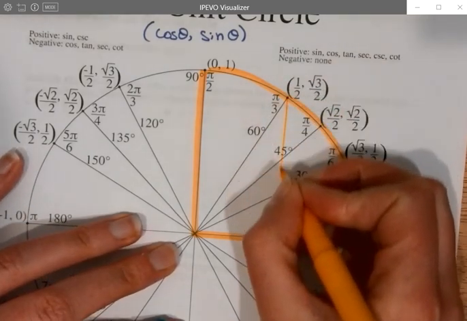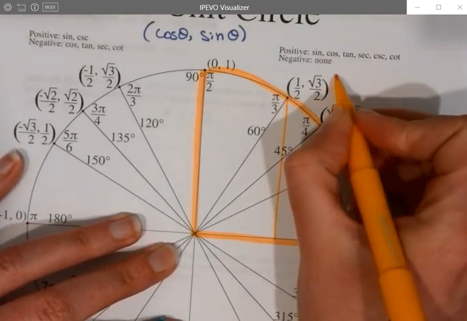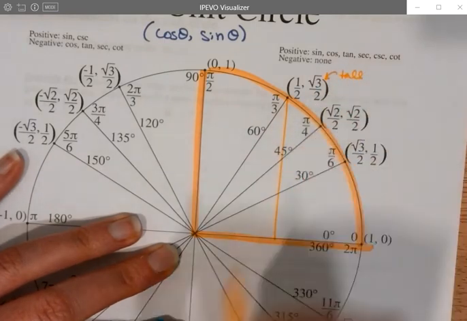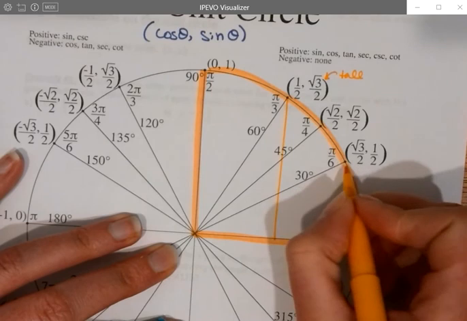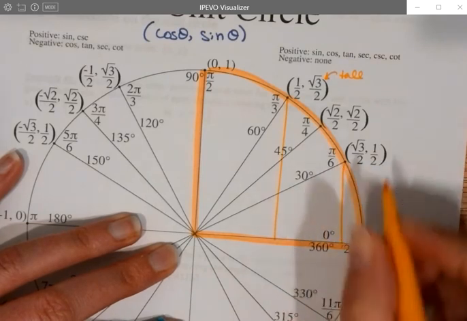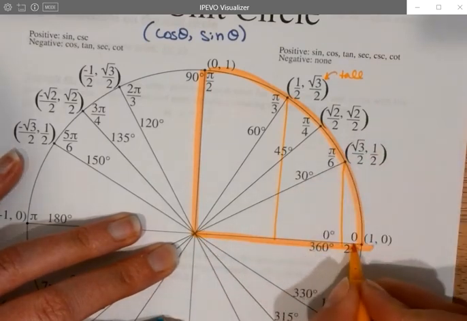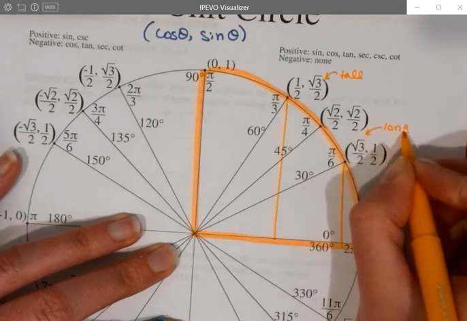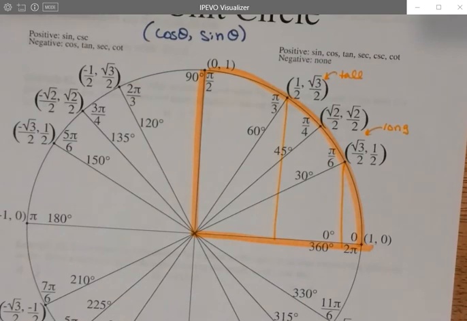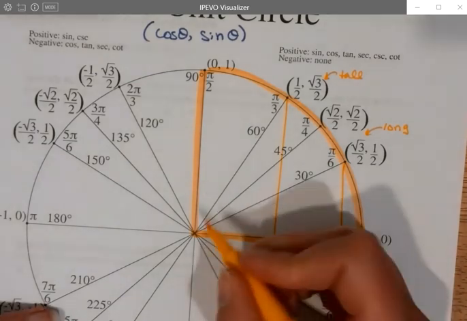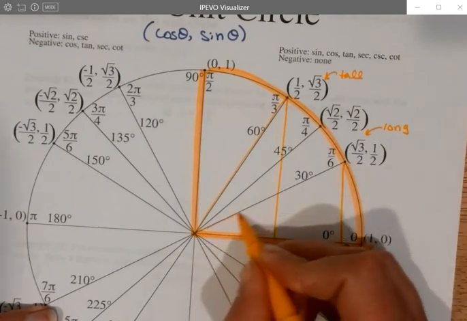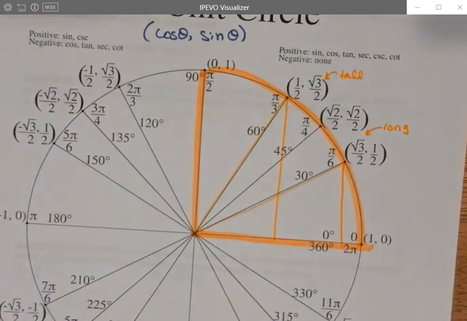The 60 degree is the tall triangle, so the y, the height, is the larger value, root 3 over 2. And the pi/6 or 30 degree is the long triangle, so it has the larger value, root 3 over 2, in the x-coordinate. That's how I keep those memorized because I can see those triangles when I'm thinking about that angle. Those two triangles help me remember which one's which.